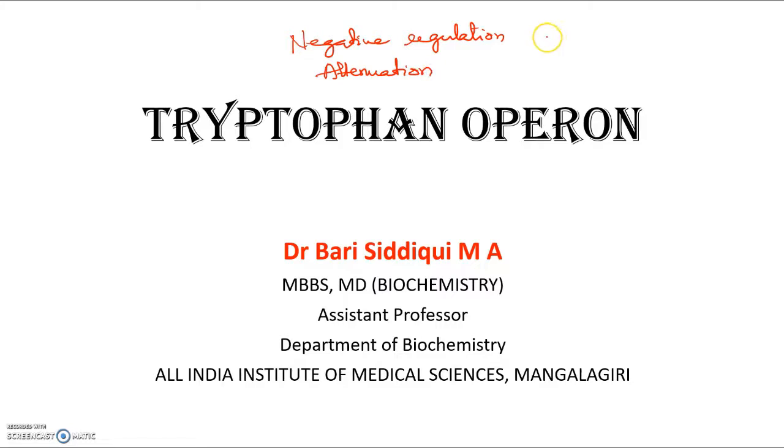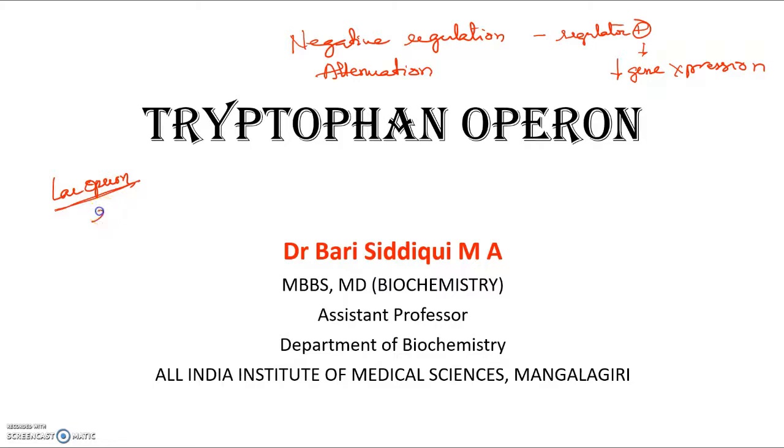What is negative regulation? Negative regulation is when the regulator is present. When the regulator is present, what happens to the gene expression? There is decreased gene expression. In lac operon, what did we see?